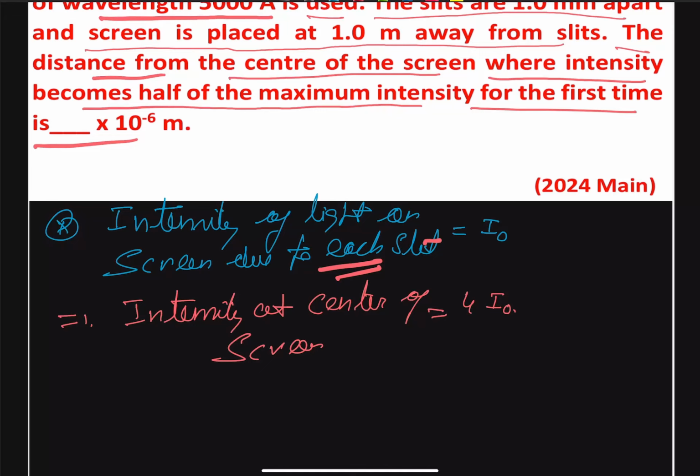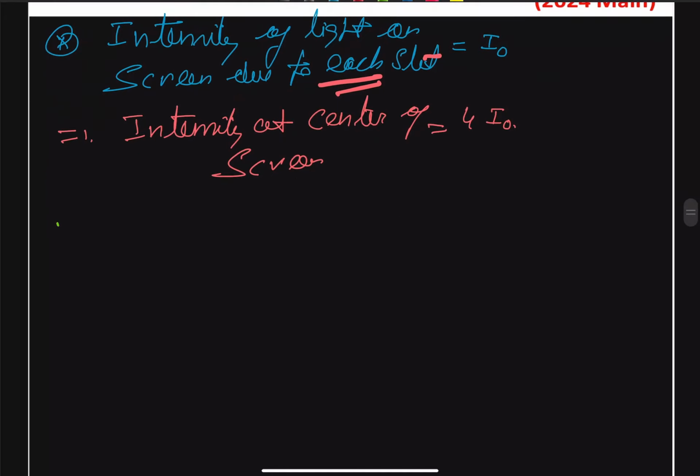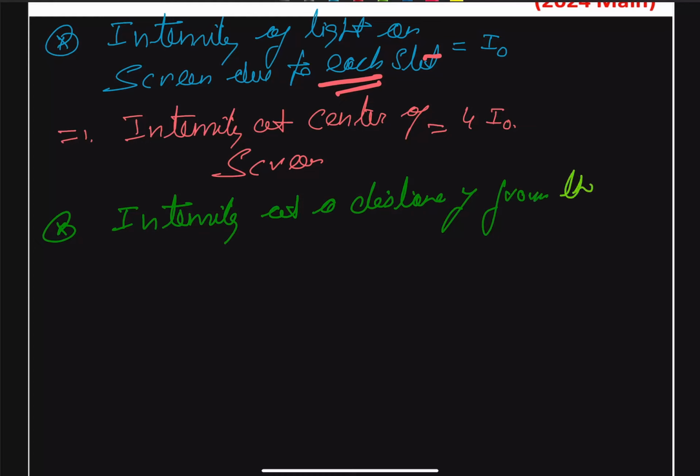And also we know that the formula for the intensity at a distance y from the center, if given as I, then this I will be equal to I naught plus I naught plus 2 times I naught square root, and this comes as cos of phi.